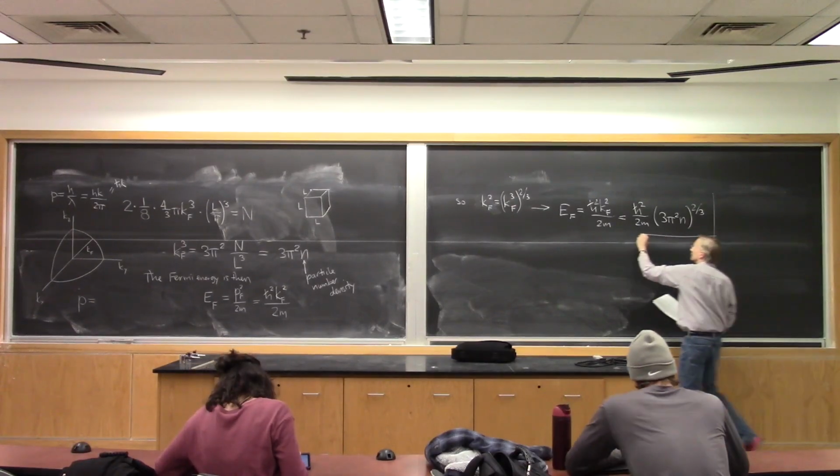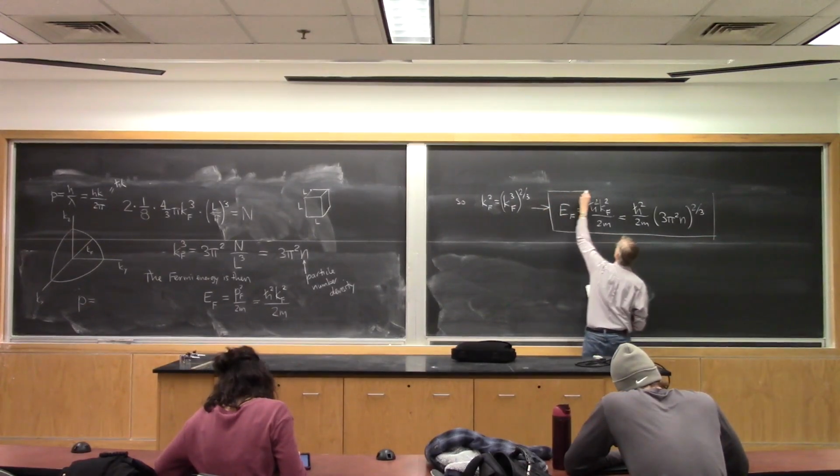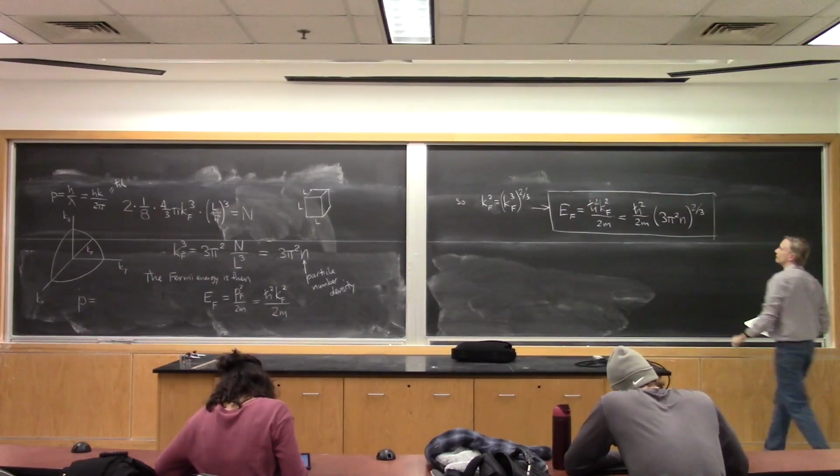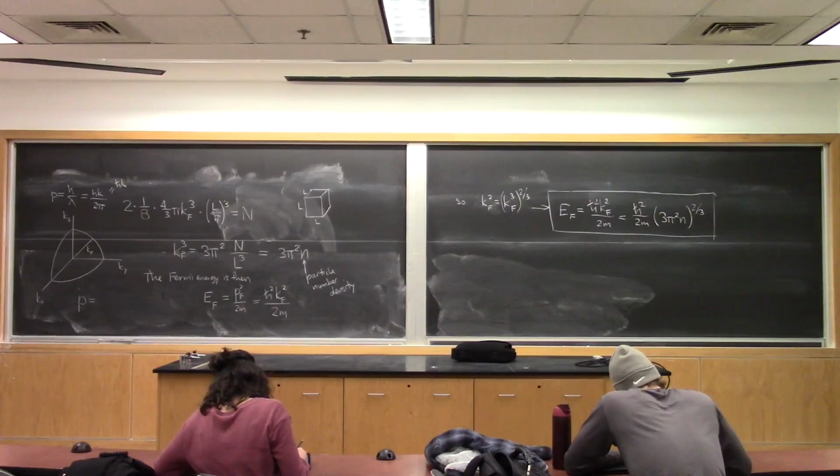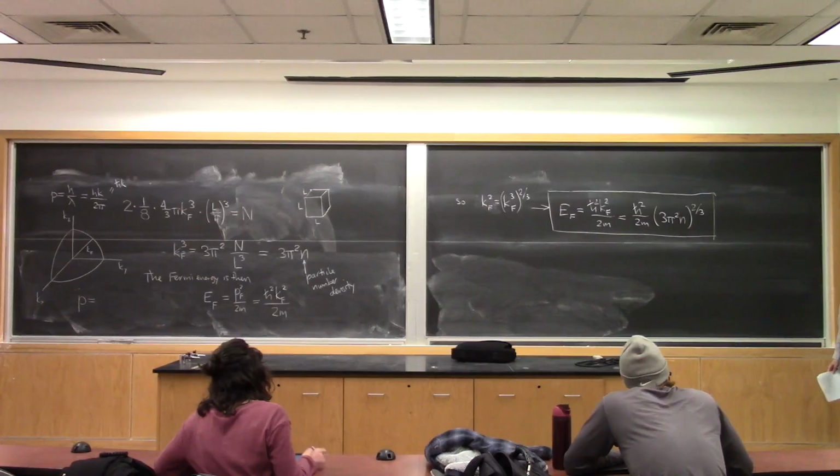Ta-da! That's the Fermi energy. So it depends entirely on the particle density what the Fermi energy is. The number density of those fermions tells us what the Fermi energy of them is.